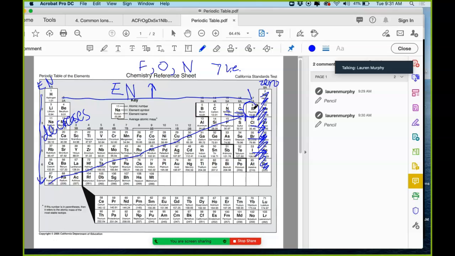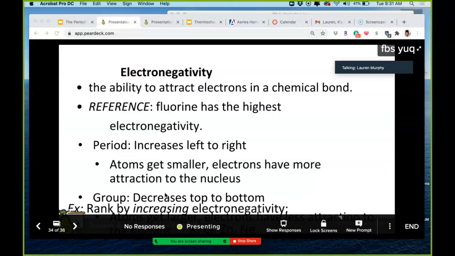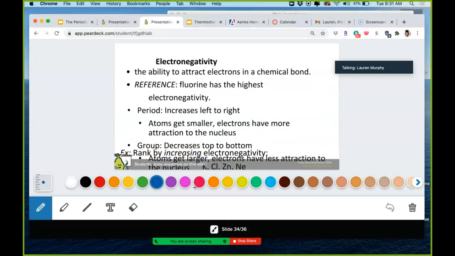Then, the closer the electrons are and the smaller the atom, the more attracted to the nucleus the electrons can be, because the nucleus is closer to hold them tighter. So again, these are the trends. Now we're going to rank by increasing electronegativity, so low attraction to electrons to high attraction to electrons.